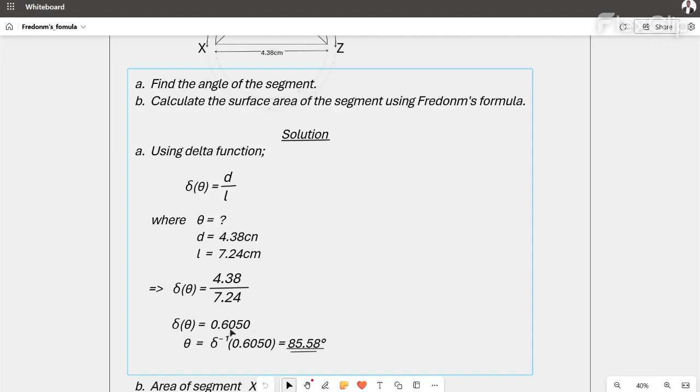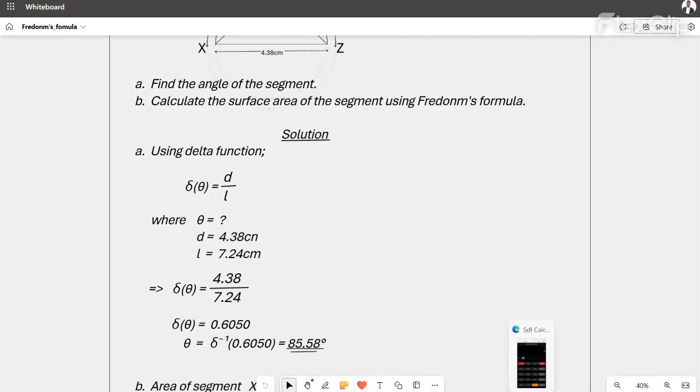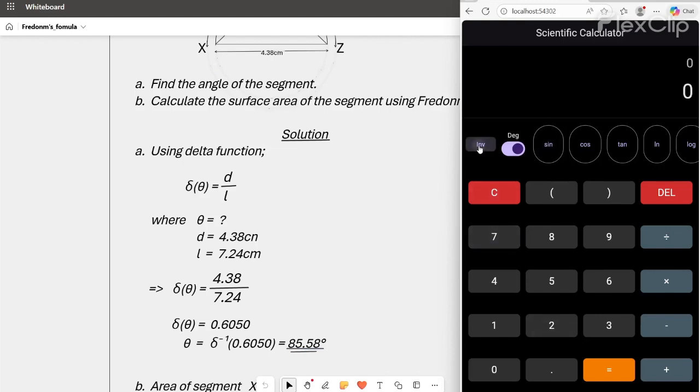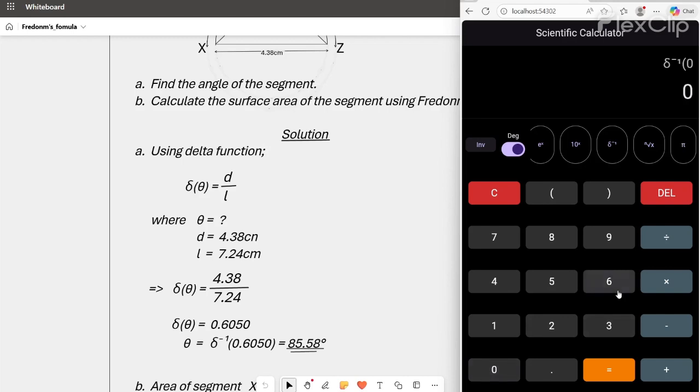So if you use the inverse delta function, theta will be equal to inverse delta function of 0.6050, which will give you 85.58 degree. Let's confirm that with our beautiful calculator. Okay, so this is the inverse delta function of 0.6050 close bracket is equal to what? 85.578.